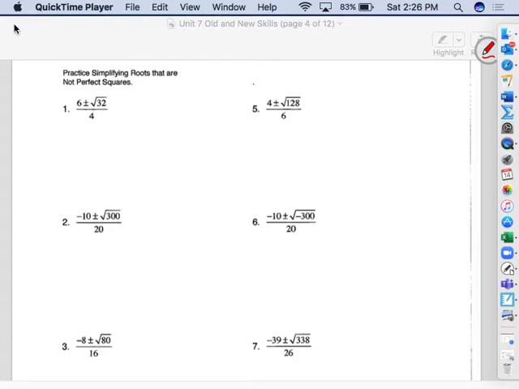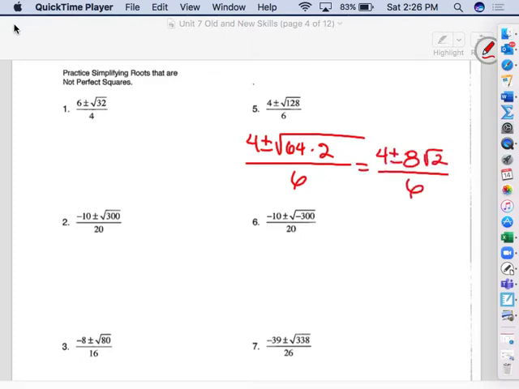So number 5, I've got 128 underneath the radical. 128 is 64 times 2 rather, over 6. 64 being the perfect square. Noting that I have a GCF in the 3 key spots, 4, 8, and 6.